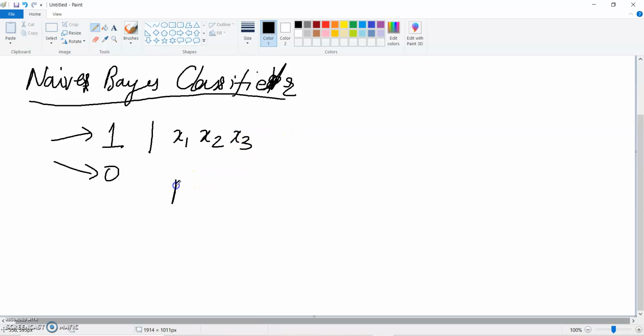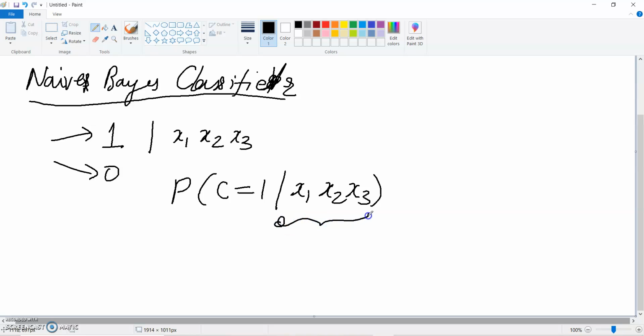So typically the classifier problem will be: what is the probability of the class being 1 given that you are given this set of features. In the universe of all the times x1, x2, x3 happens, you want to predict how many times the person has cancer.